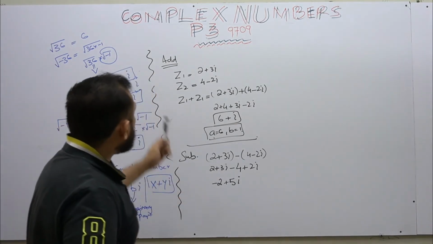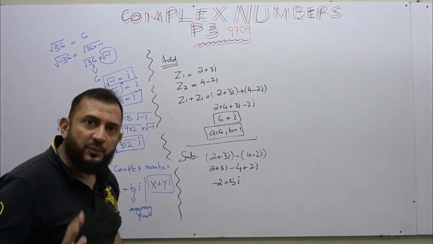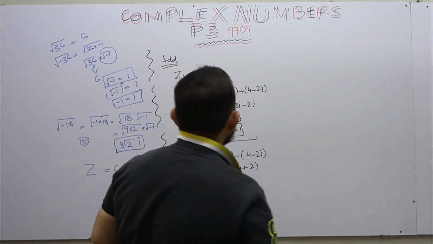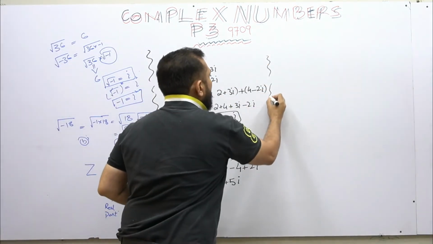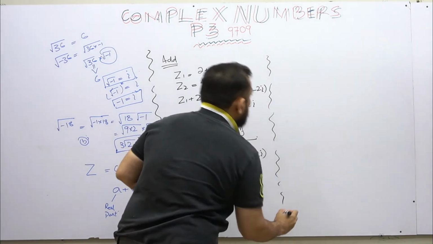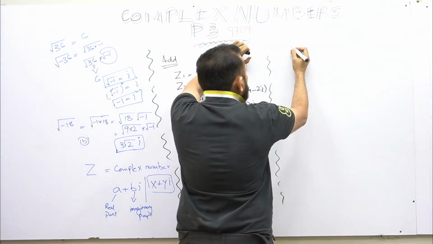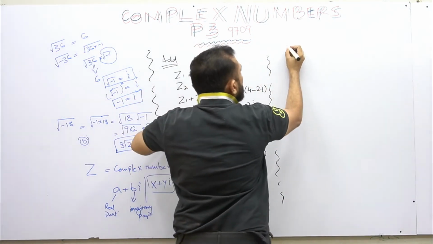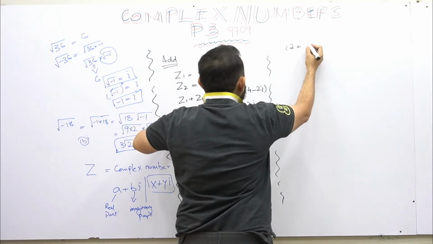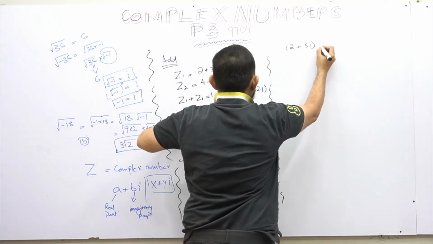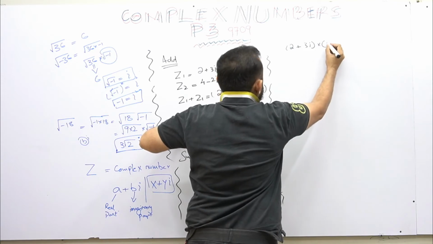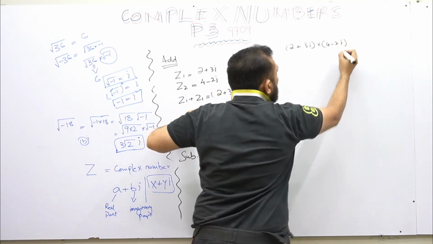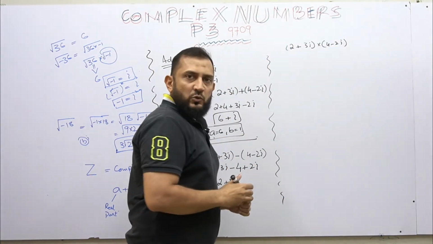हमने इसका एडिशन भी समझ लिया, हमने इसका सब्ट्रैक्शन भी समझ लिया। अब हम आते हैं इसकी मल्टीप्लिकेशन की तरफ और फिर इसके डिवीजन की तरफ भी आएंगे। So in multiplication, if we take the same numbers, 2 plus 3 iota times 4 minus 2 iota, we need to multiply these two complex numbers.